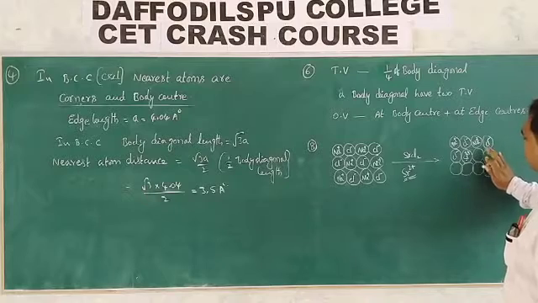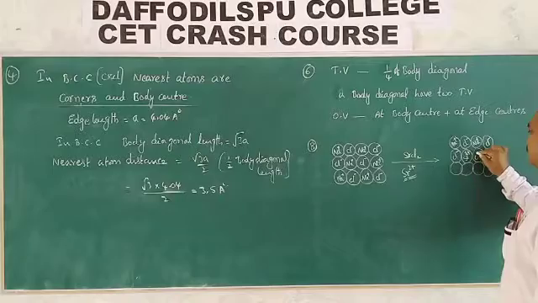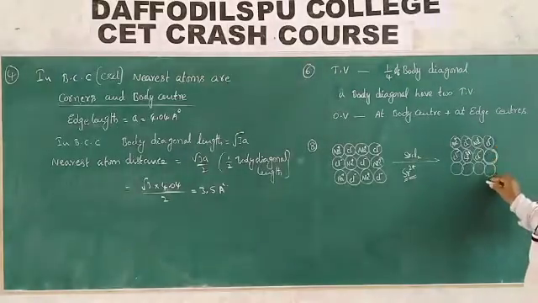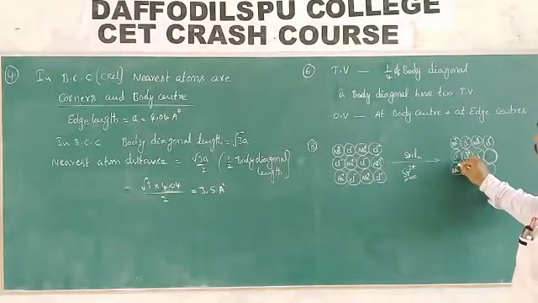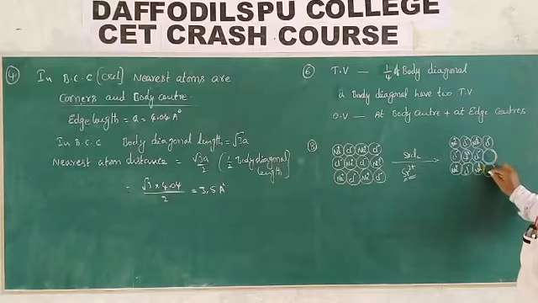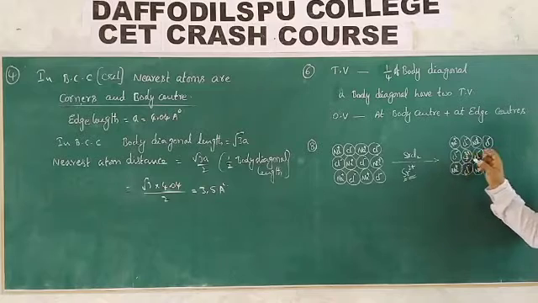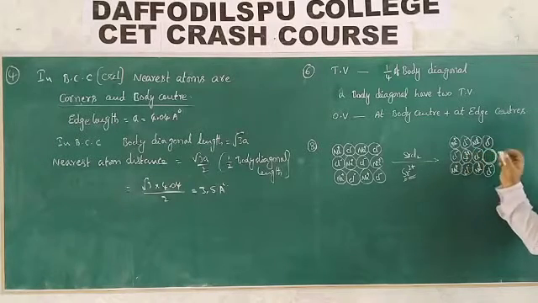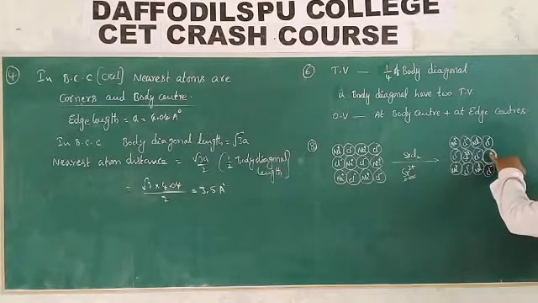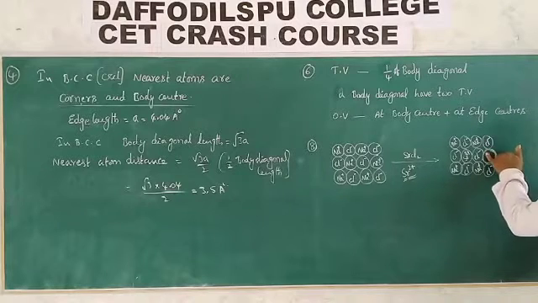From here one Na plus ion is eliminated, and from here one Na plus ion is eliminated. So you get a vacancy here. Two Na plus are released from the lattice points. One place is occupied by strontium, and the other place remains vacant. So this is the vacant space.